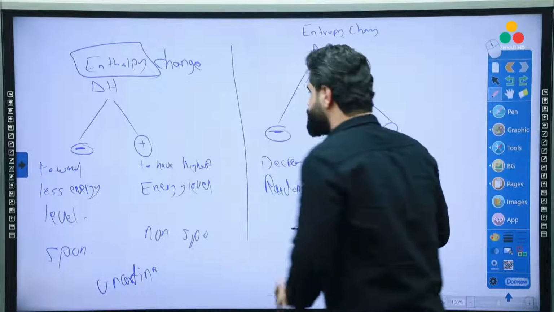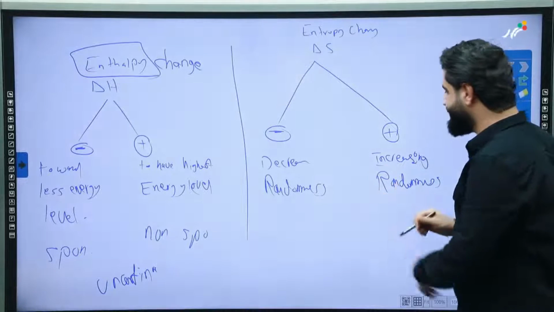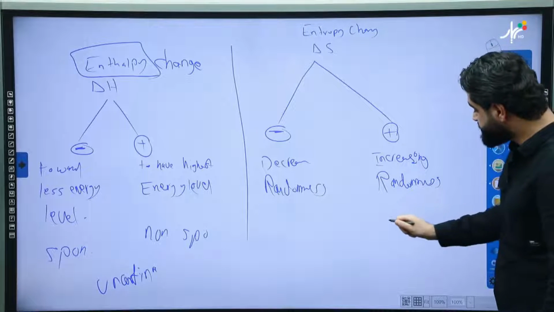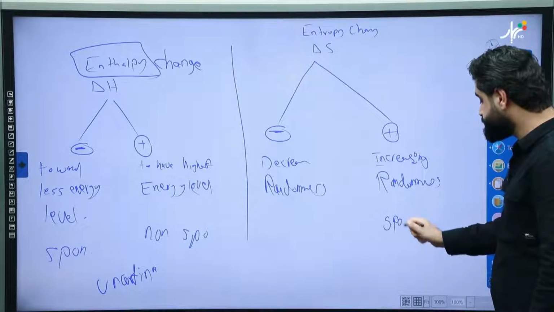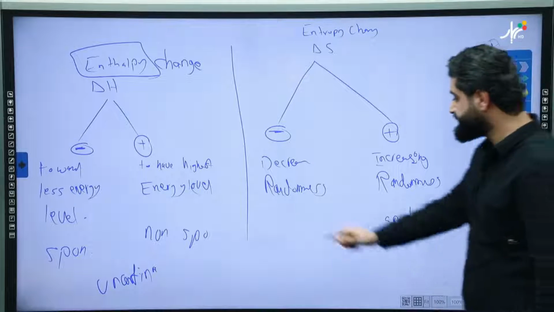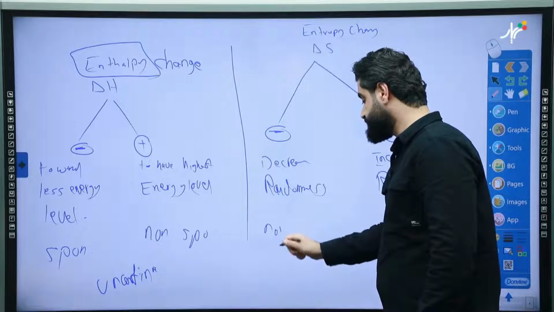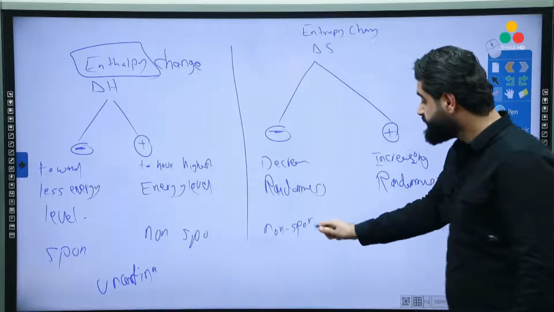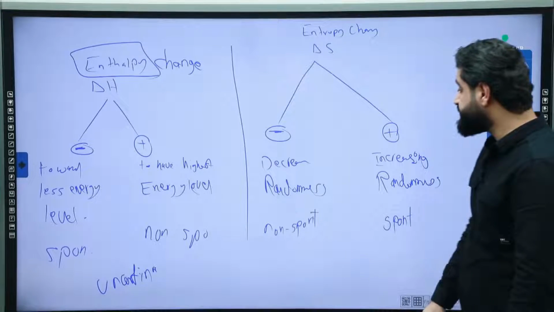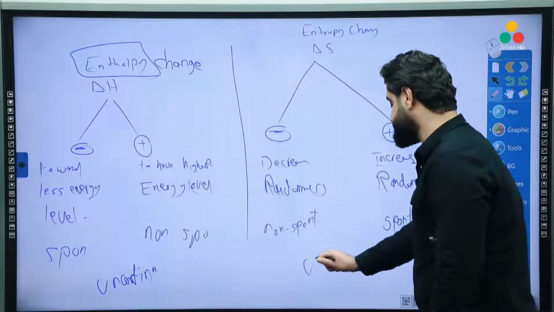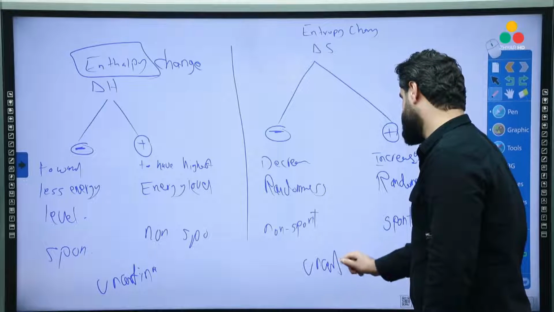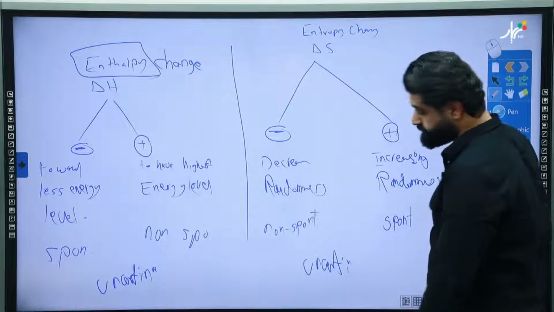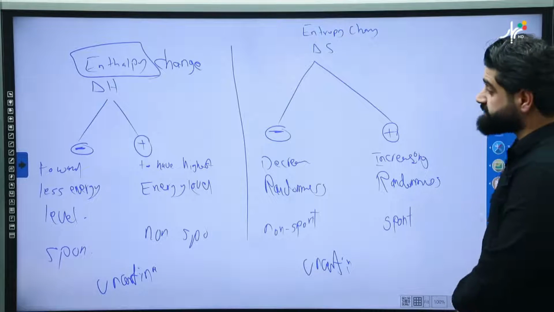So which one is spontaneous? Which one is non-spontaneous? Increasing randomness is spontaneous, but this one is non-spontaneous. Again, the result is uncertain.